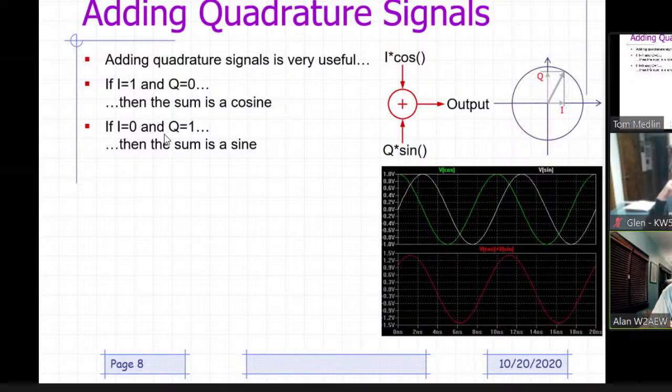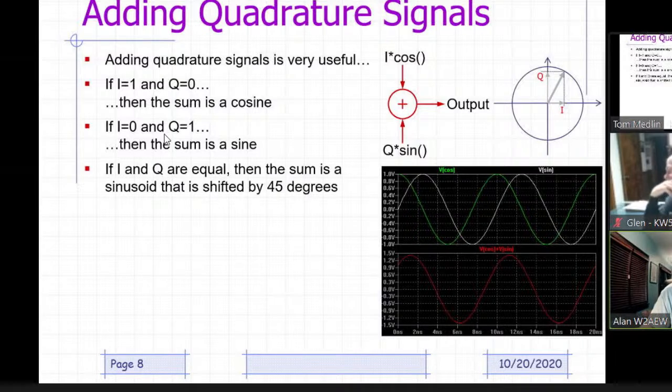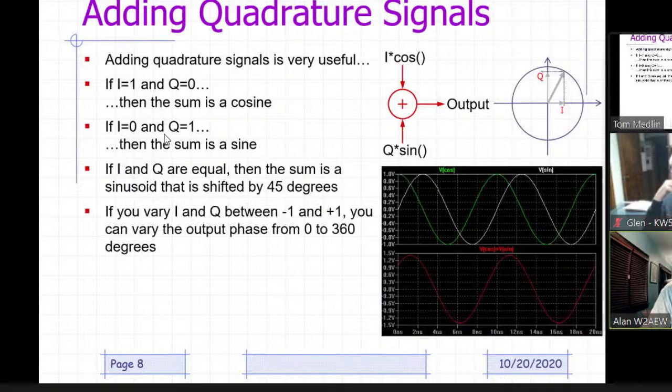So again, by changing an amplitude value, we've created a phase shift on the output between sine and cosine. Now, if I and Q are equal values, the sum is a sinusoid shifted by 45 degrees. So just by varying the amplitude of I and Q, we can vary the phase of the output signal, essentially a phase modulator. By just varying the amplitudes of two signals, we can create phase changes and phase modulation.